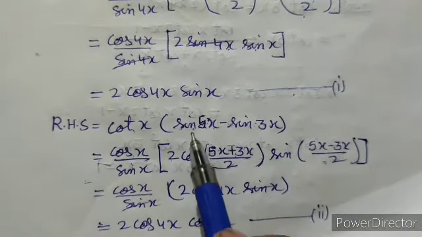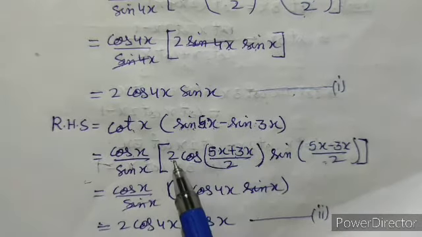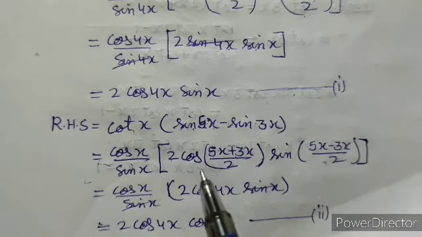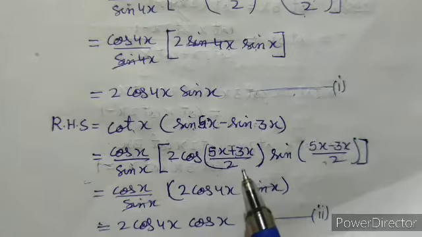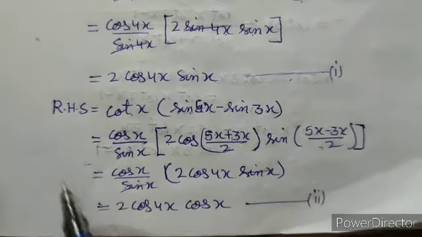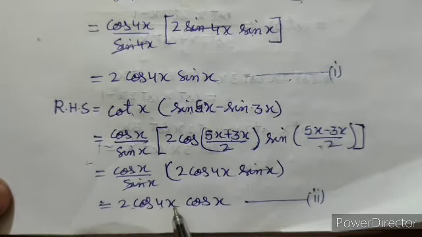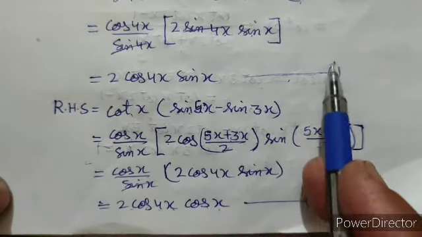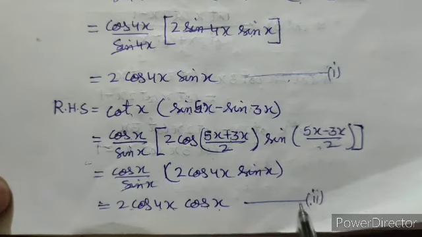By identity, sin x minus sin y equal to 2 cos (x plus y upon 2) sin (x minus y upon 2). And this on solving is giving us the answer as 2 cos 4x into cos x. Now from equation first and second, we can say that our left hand side is equal to the right hand side.